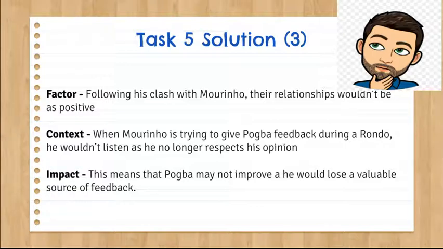So Mourinho might have tried to give him some feedback when doing a rondo. So again, I'm highlighting that it's during the performance development process. A rondo is a circle game where you've got to try and keep the ball away from the person in the middle. And the impact means that he's losing that valuable source of feedback. So trying to give you a real life situation that happened for a bit more understanding.